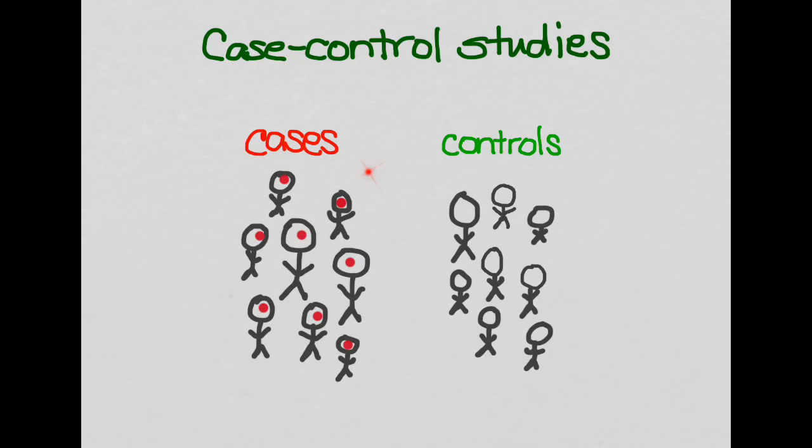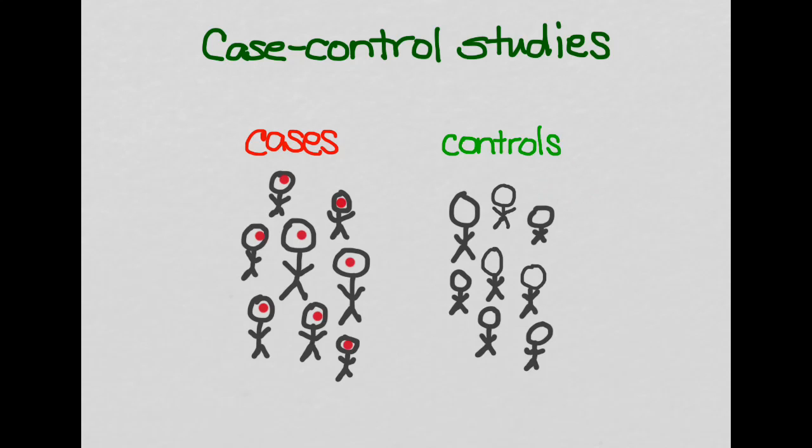So if there's some unique feature of the cases in the study that's not generally true of cases in the rest of the population. And then similarly with controls, if the controls are not representative of the population from which the cases came, then that represents a selection bias.